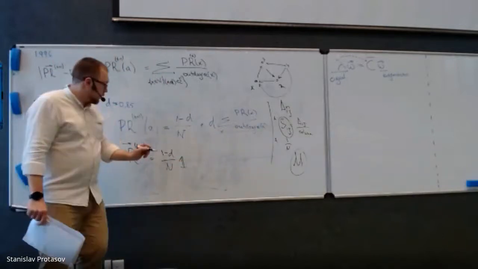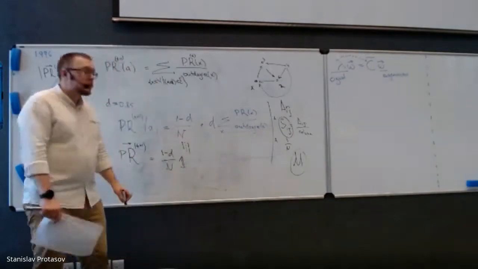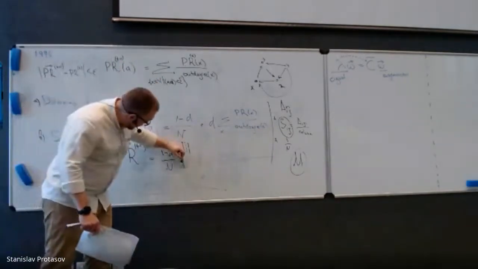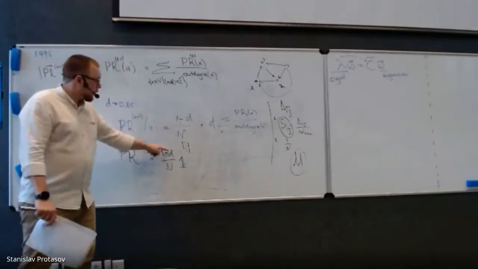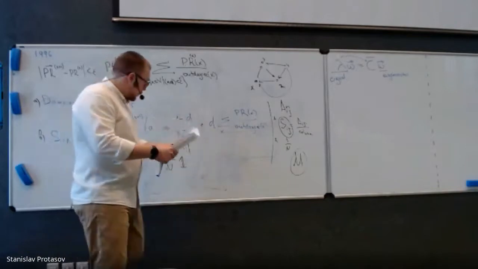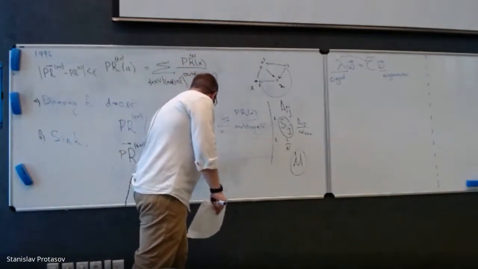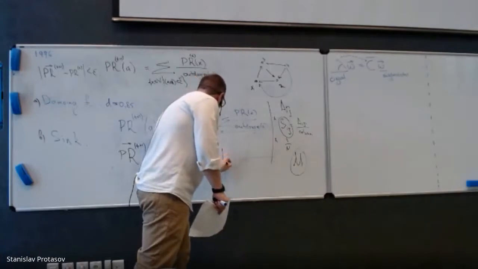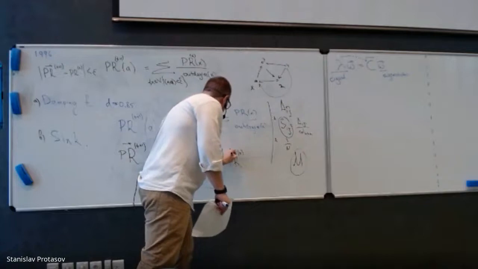So just 1, 1, 1, 1, n times. This bold one is this kind of vector. And this term appears to be just d M PR t.